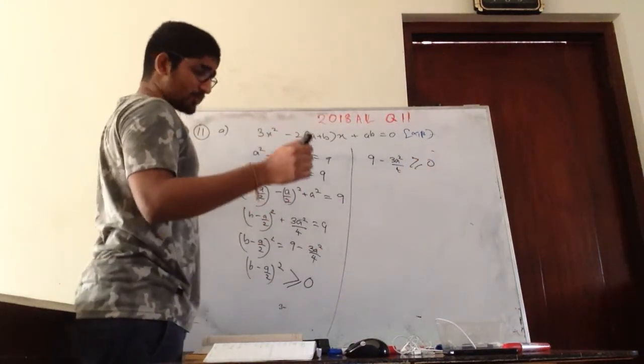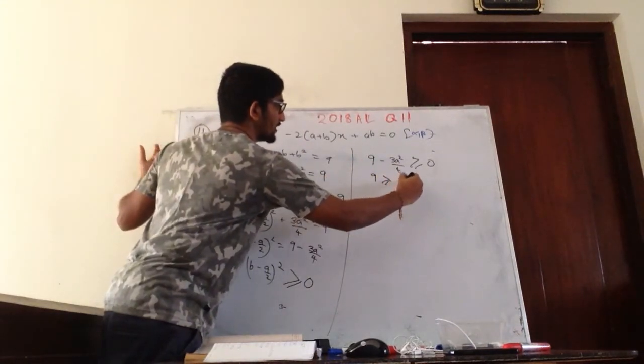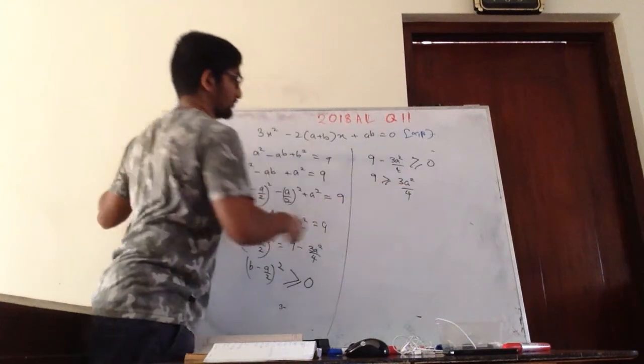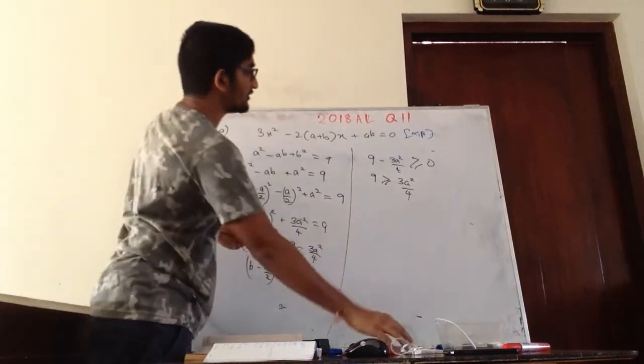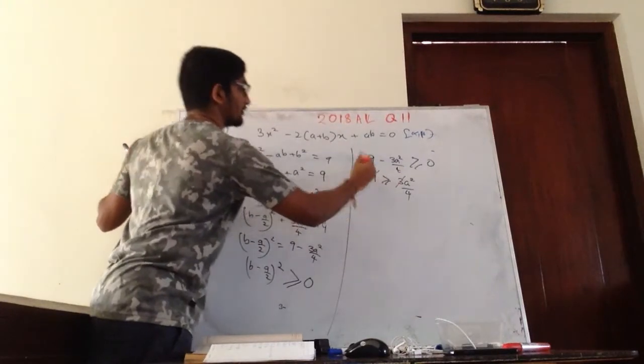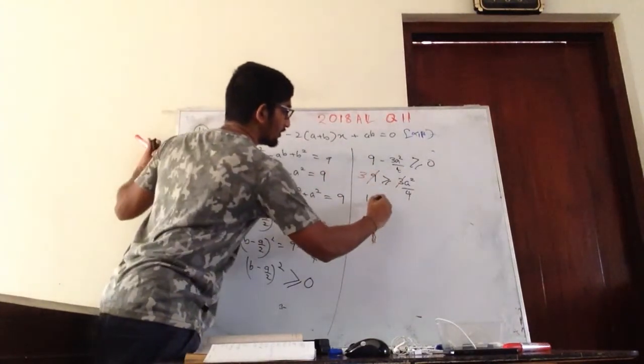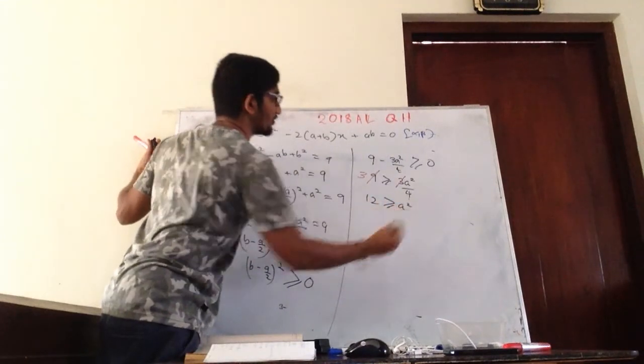Correct? So here then I can say 9 is greater than or equal to 3a squared over 4. So then I can cut this 3 out. So then I will get 12 is greater than or equal to a square.